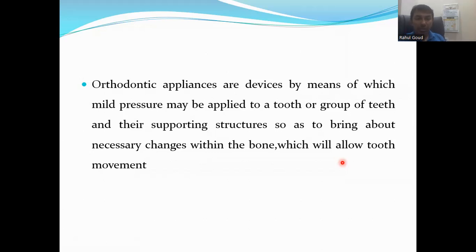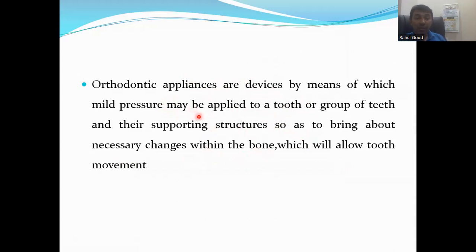So it is simple to remember. There is nothing so hard. There are the orthodontic appliances. What are these appliances? These are generally the devices by means of which mild pressure may be applied onto a tooth. So with the help of these devices, mild pressure is applied onto the tooth or a group of teeth and their supporting structures such as the PDL so as to bring about the necessary changes within the bone.